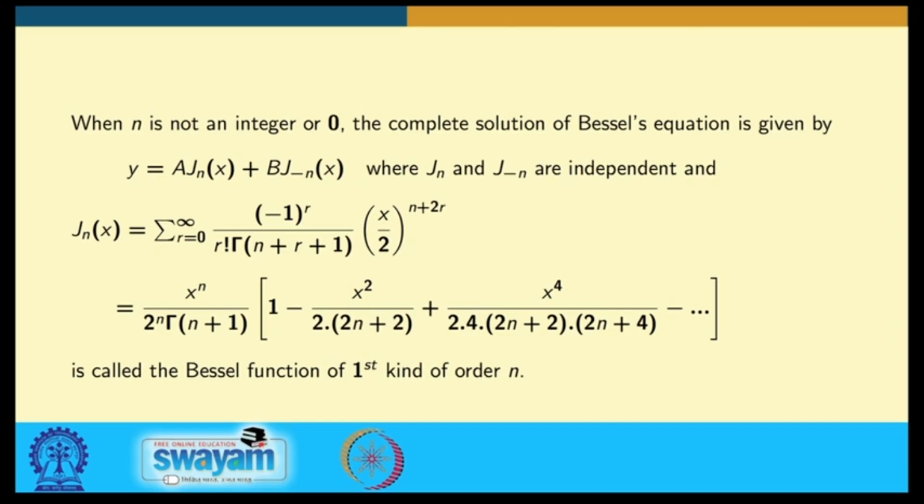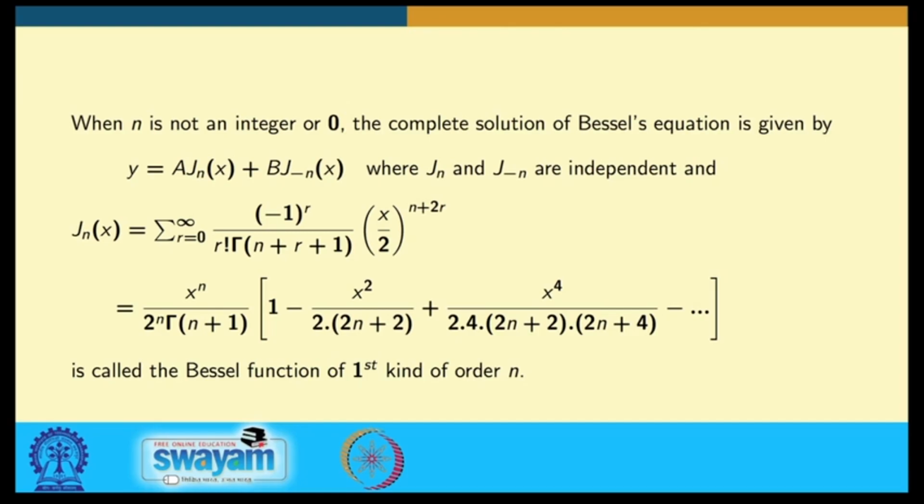Please note this: J_n and J_minus_n are independent, and J_n(x) is defined this way: J_n(x) equals the sum over r equals 0 to infinity of (minus 1) to the power r divided by factorial r gamma(n plus r plus 1), into (x by 2) to the power n plus 2r. This we can write as x to the power n over 2 to the power n gamma(n plus 1) into this series, which we call the Bessel function of first kind of order n.